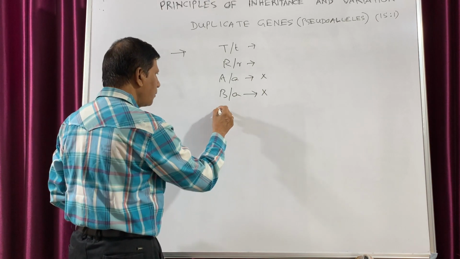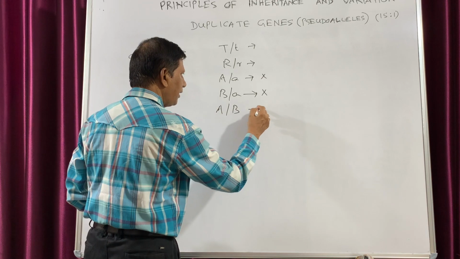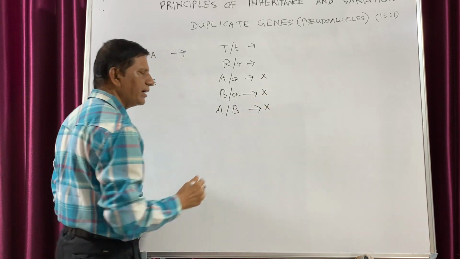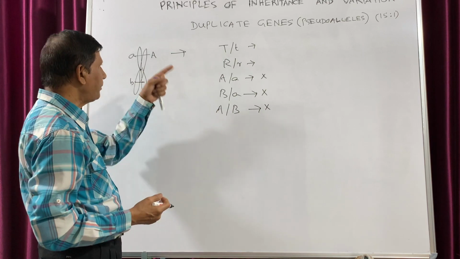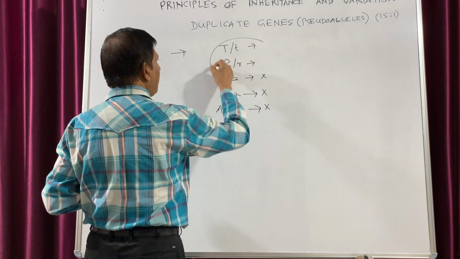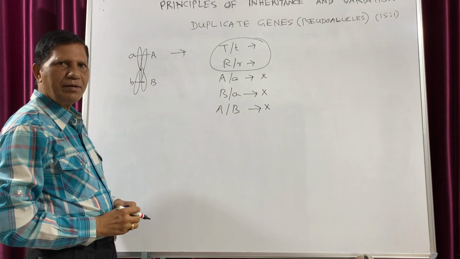And again, when both A and B are present together, they also will produce the same character X. So this is the difference between Mendelian behavior and non-Mendelian behavior.